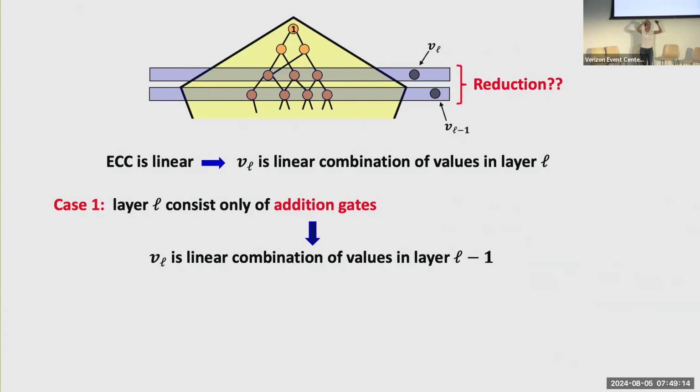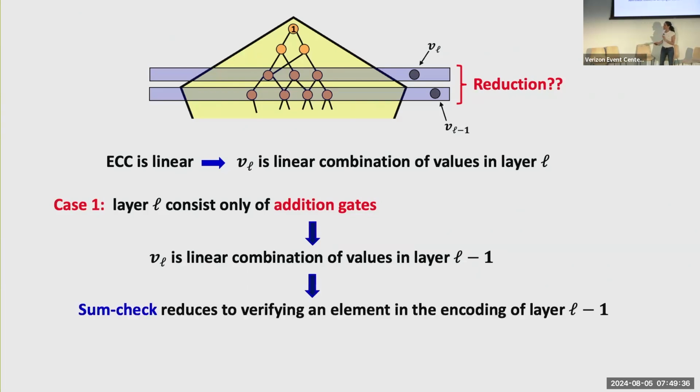You have a weighted sum of values in layer L, but each value in layer L is a sum of 2 points in layer L minus 1. So VL should be a weighted sum of elements in layer L minus 1. That's if it's an addition gate.